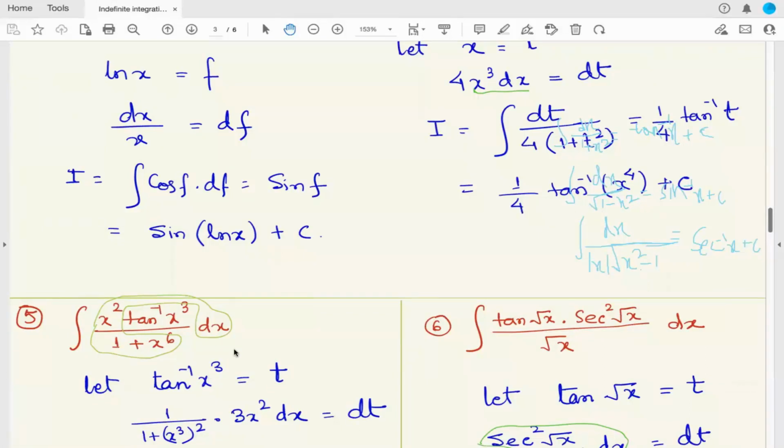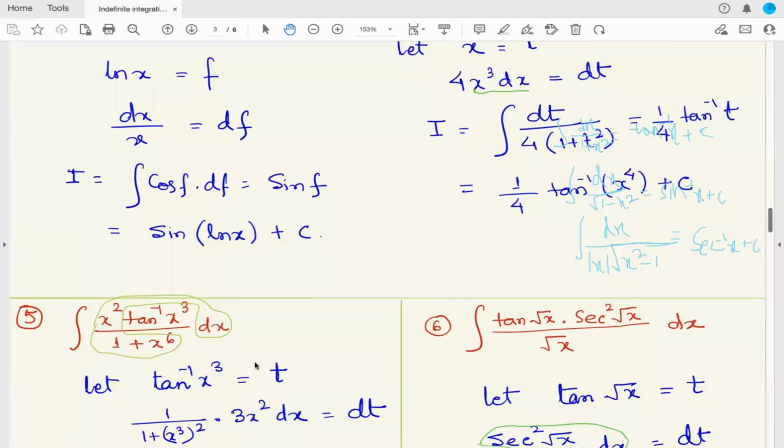And now we differentiate x cube with respect to x, so we get 3x squared dx equal to dt. First, we differentiate tan inverse of x cube with respect to the function x cube, and then we differentiate x cube with respect to x. So we get 1 by 1 plus x cube to the whole square dot 3x squared dx equals dt.